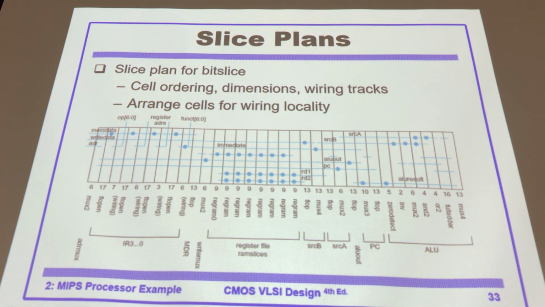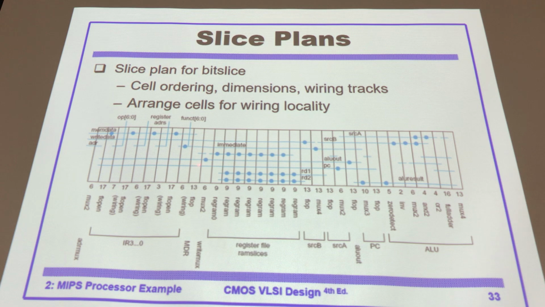So here you can see that the blue lines are the wires connecting different cells in the same row. Okay. This means that these pins are connected together here.